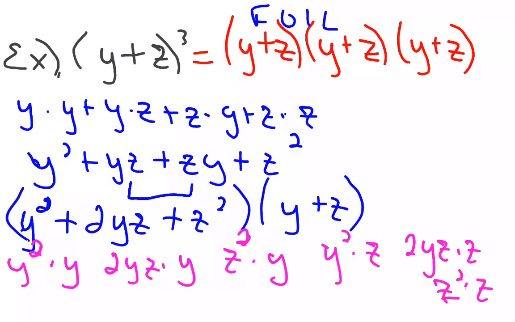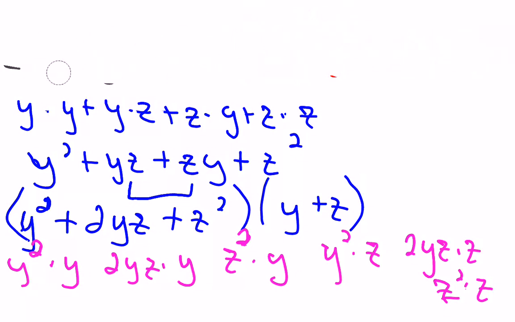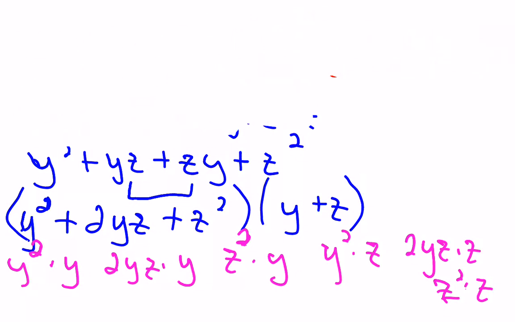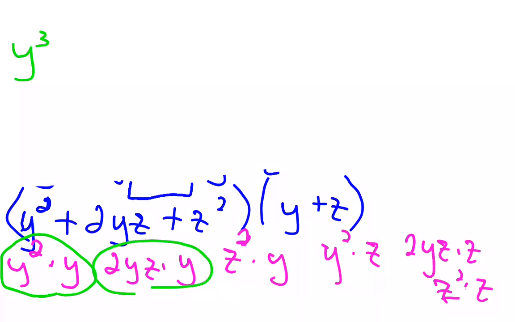All right, let's give ourselves some more room so we can see what our final result will be. Okay, so y squared times y is y cubed. 2yz times y, so only the y's combine. So 2y times y is y squared.